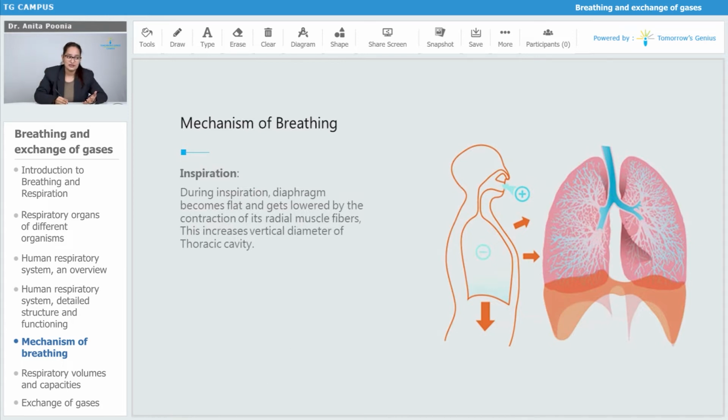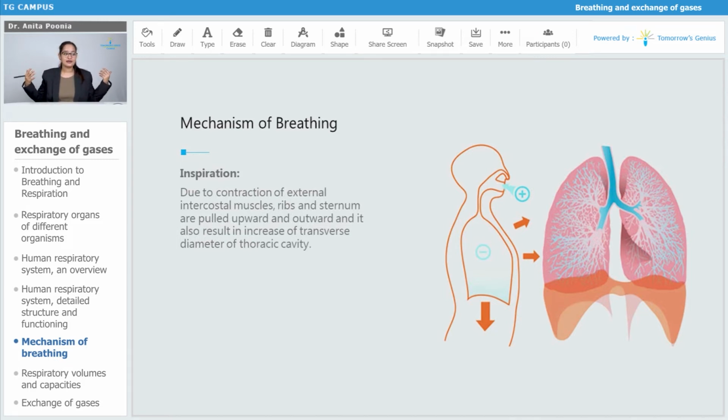As you can see in the image very clearly, due to the contraction of the external intercostal muscles, the ribs and the sternum are pulled outwards and upwards, and it also results in the increase of the transverse diameter of the thoracic cavity.